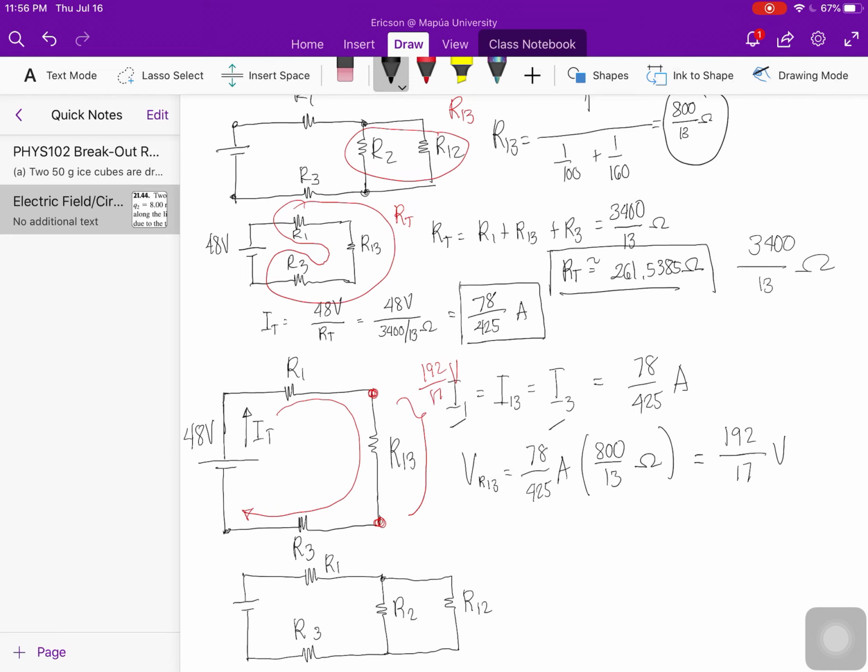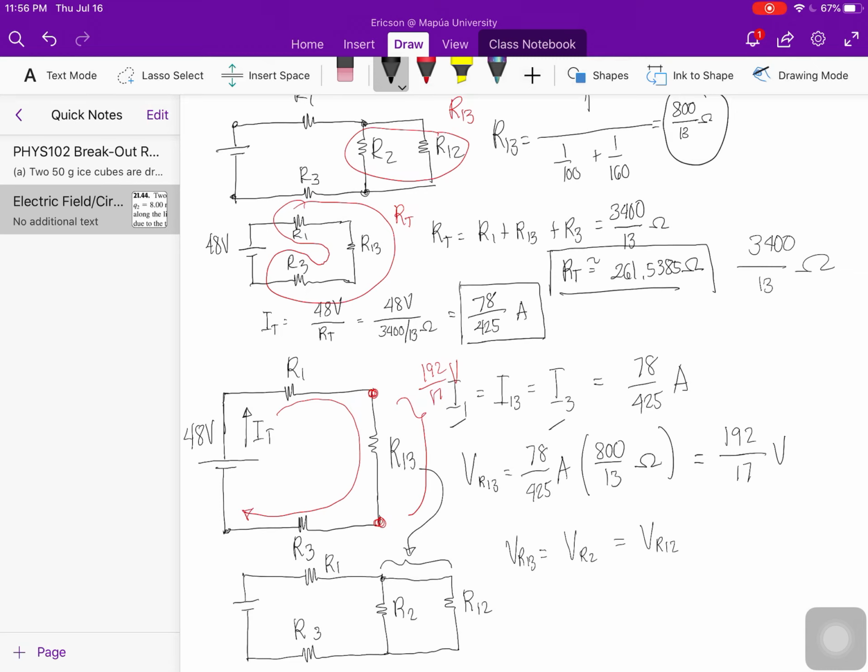So, equivalent yan kanina is R13. Ito yung R13. Parallel. So, it's the same voltage kasi parallel. So, again, pag parallel, equal voltages. So, voltage on R13 equals voltage on R2 equals voltage on R12.